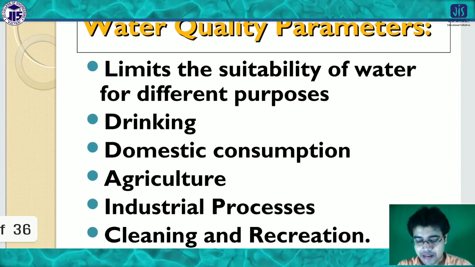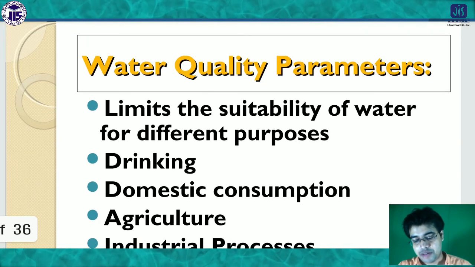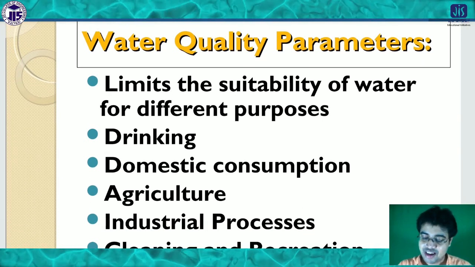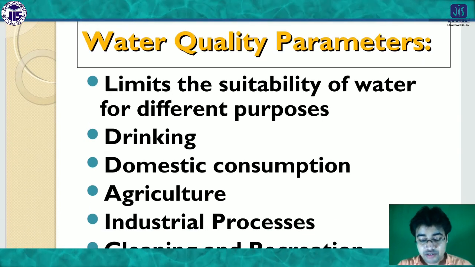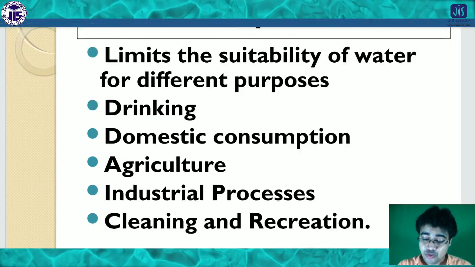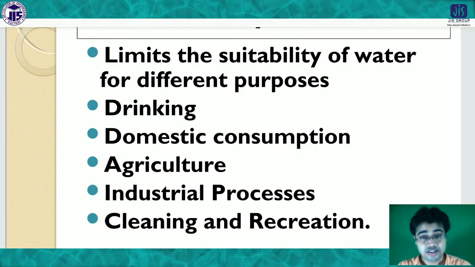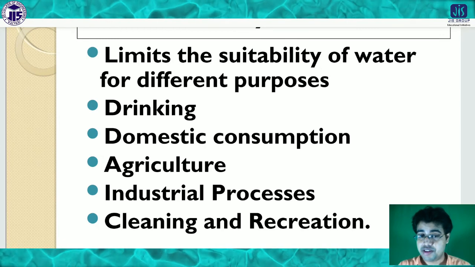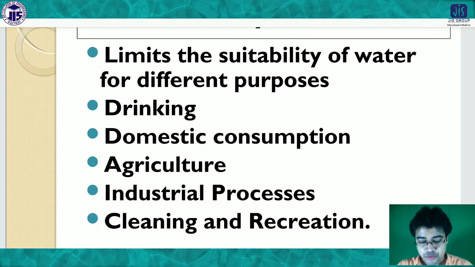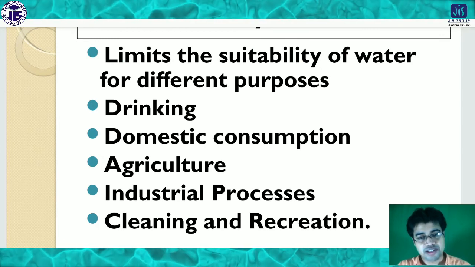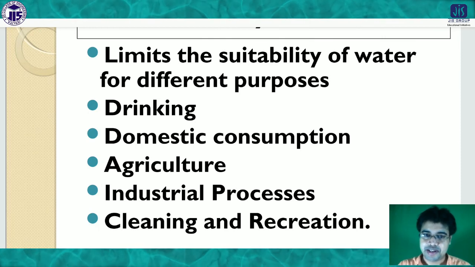Water quality parameters limit the suitability of water for a defined purpose. I already told you why these water quality parameters are very important. These points are very important for maintaining water quality.